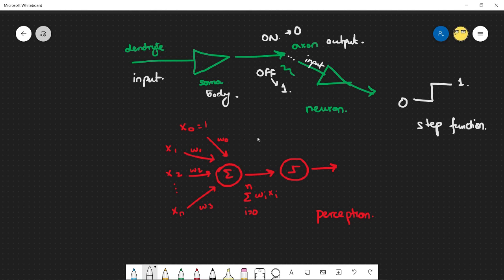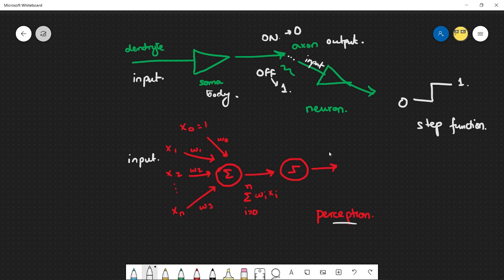Now, looking at our artificial neurons, our perceptrons here, we're using all of these inputs. Here we only had one input, but we have several inputs, and each has its own weight. And again, I've talked about what the weight might be doing here. If this is the input, you will take the dot product of your weights and your inputs, and you're going to pass it through a step function again.